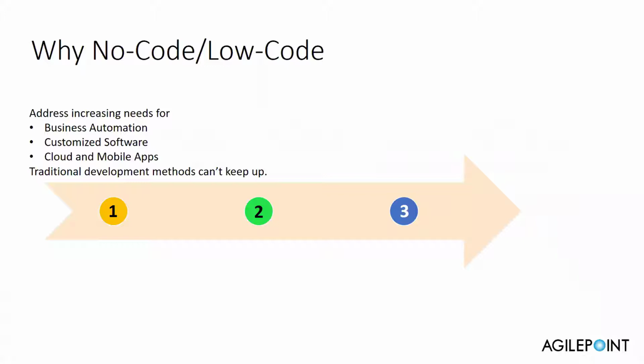The packaged applications that come off the shelf need to be customized for our unique requirements and the way that we do business. And with many organizations heavily invested in cloud and mobility, all of these challenges are now further compounded. The fact of the matter is that traditional development methods simply can't keep up with the rate at which most organizations need to produce software.